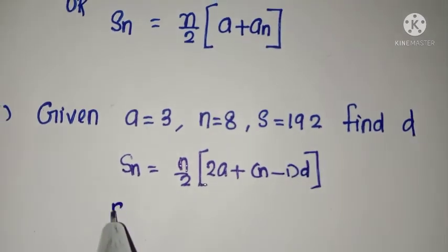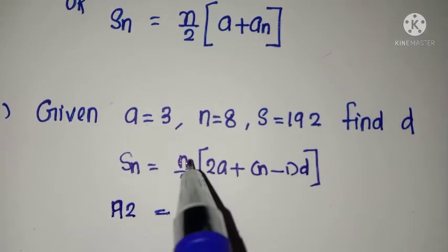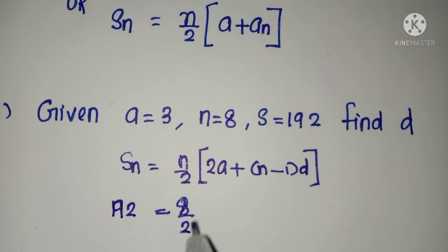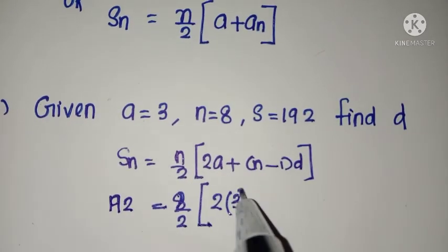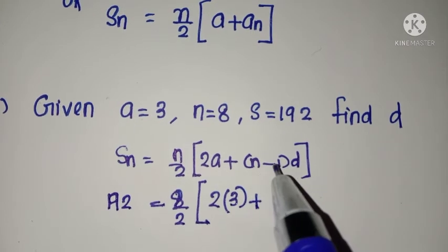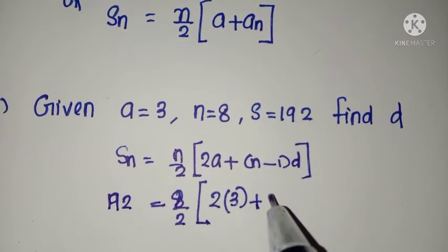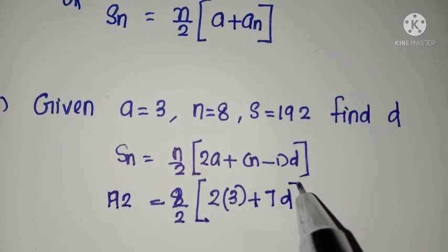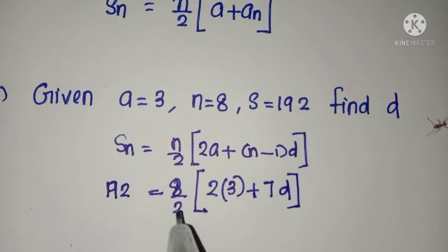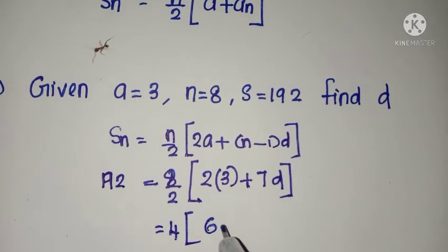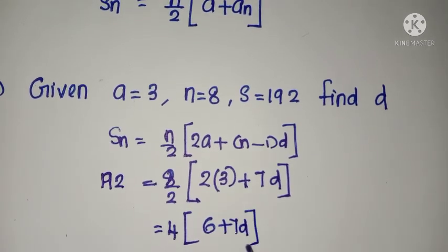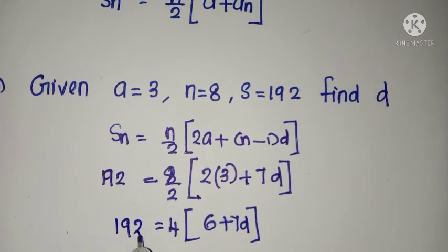S, that is 192, n is 8 by 2 into 2 into a is 3 plus n is 8, so 8 minus 1, that is 7 into d. Here 8 by 2 is 4. So 4 into 6 plus 7d equal to 192.